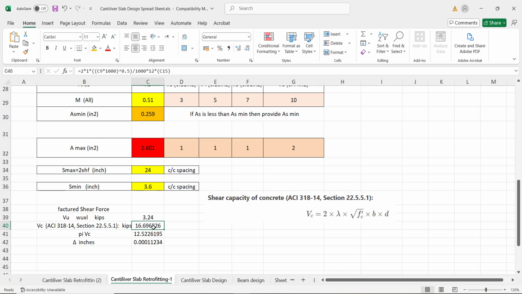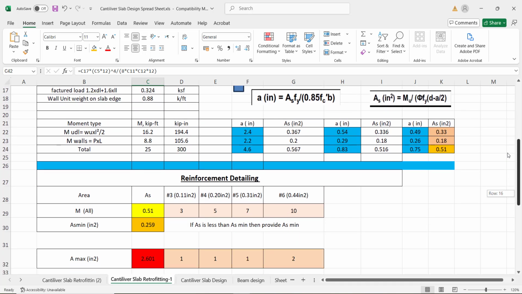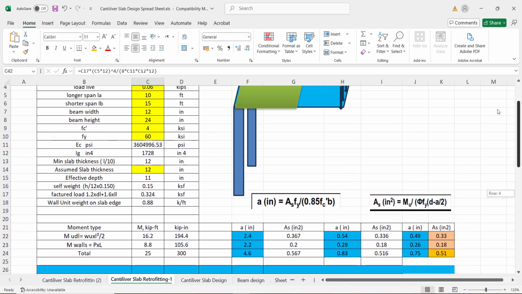This is 16.6, and applying phi and 75%, this is 12.5. So this is more than the required. Required is this one, and the capacity is this one, so it's okay. Deflection is also okay, L by 240.